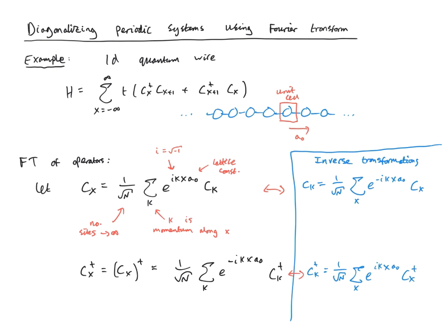If we transform from cx's to ck's, and the ck's do not obey the fermionic anti-commutation relations, then they're not fermions, and the models we write down will just be garbage. So before continuing, and we only have to do this once, but once we've done it, we know that it works, we should just confirm that this Fourier transform is a canonical transformation of the operators.